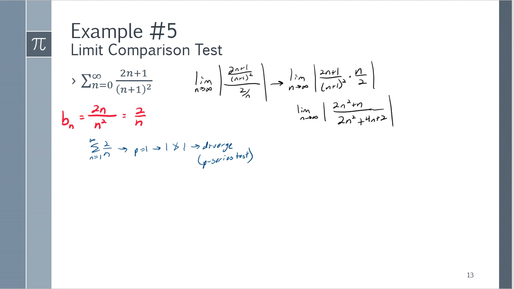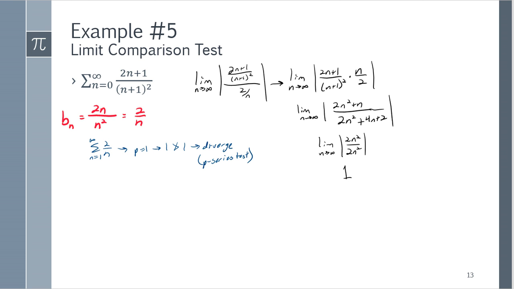Because n is going to infinity, I could do L'Hopital's rule because the top is going towards infinity and the bottom is going towards infinity. But I can also use an end behavior model to evaluate this limit. So this is the same as the limit as n goes to infinity of 2n squared over 2n squared, which is 1.